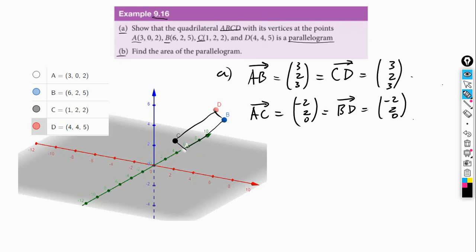This is a parallelogram. Now we need to find the area, and for that we need the magnitude of the cross product of two vectors that are adjacent. So for example, AB and BD. So first of all, let's find the cross product of AB and BD.